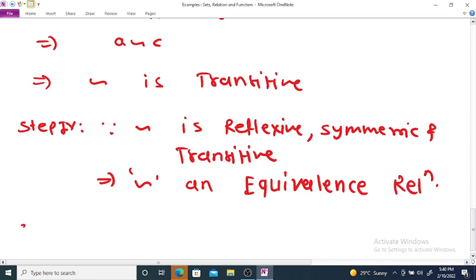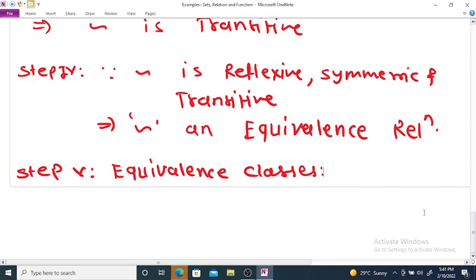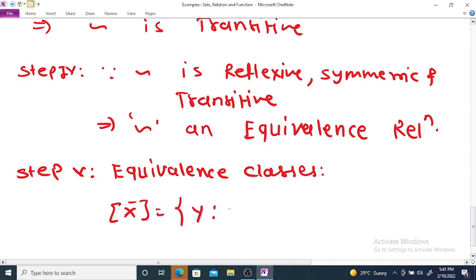Now next, step number 5, we want to determine the equivalence classes. The equivalence class of x bar is the collection of all y such that x is related to y.